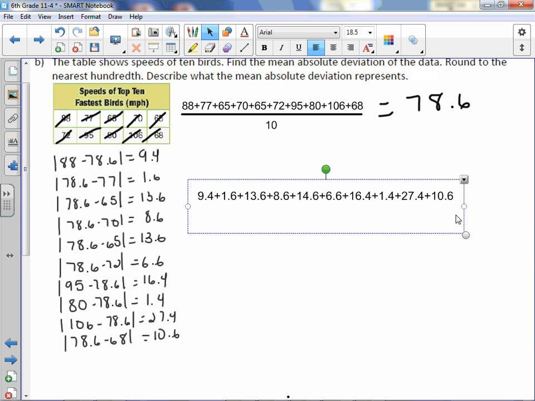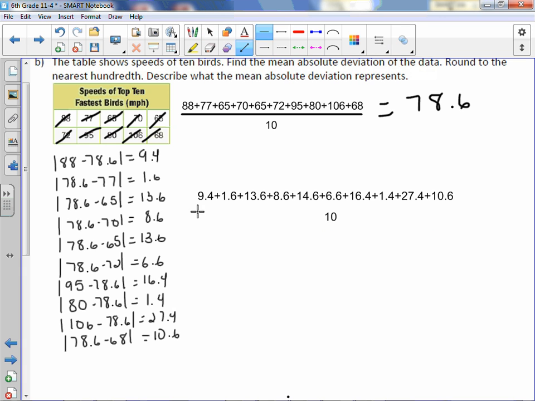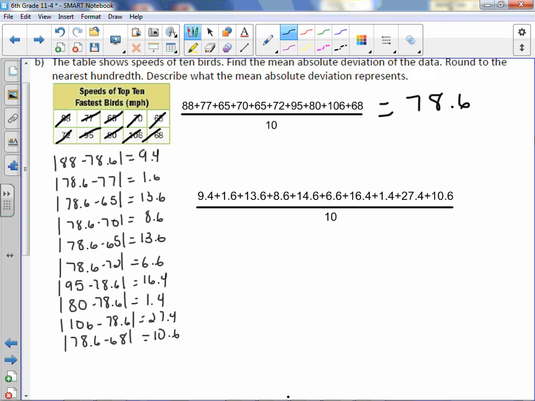So we're going to divide them by 10. When we add them up, then divide by 10, we get a value of 10.92, which is the mean absolute deviation.